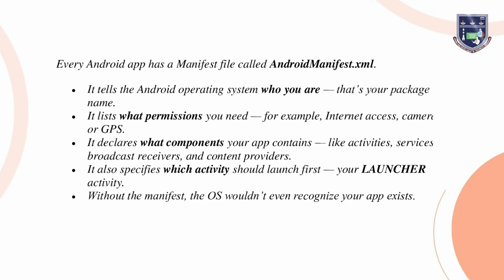Then it declares what components your application contains, like activities, services, broadcast receivers and content providers. And it also specifies which activity should launch first. That is called your launcher activity. Without the manifest, the operating system would not even recognize your application exists.